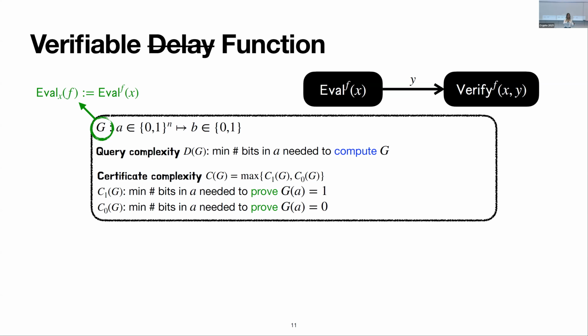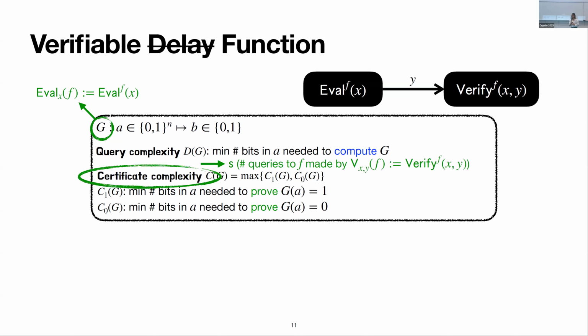So to do this language translation, I set eval_x to be the eval function with input x hard-coded and input the random oracle f, and measure the number of queries the eval function makes to the random oracle.